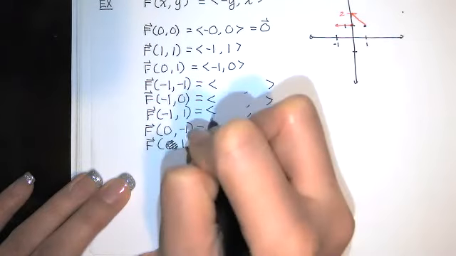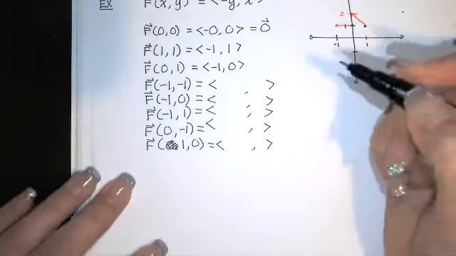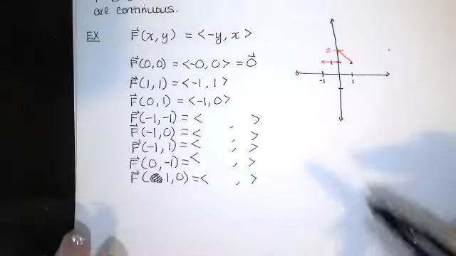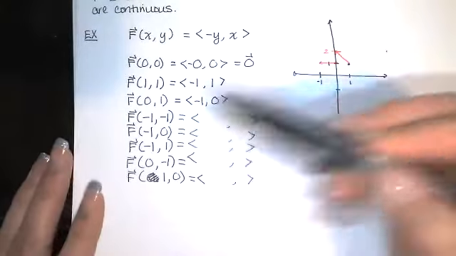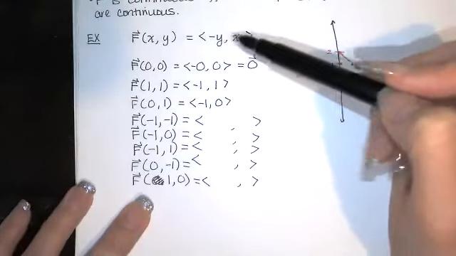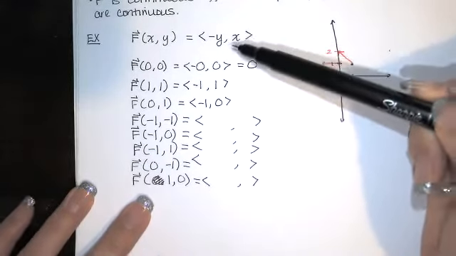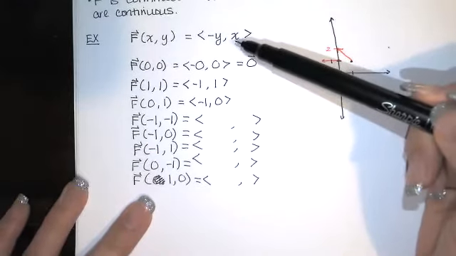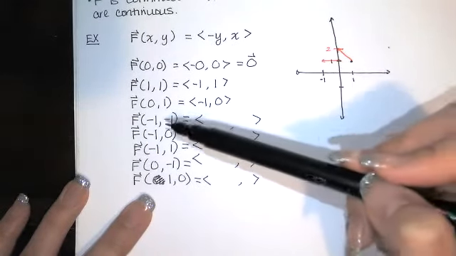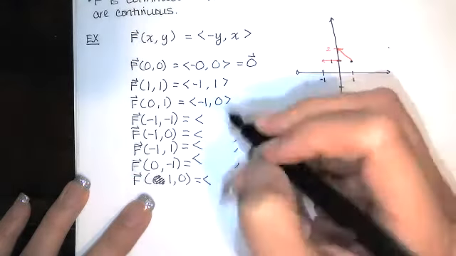Now I picked a very simple field, but I want you to see the pattern. It's not just this x and this y are the components of the vector. That's not how it works at all. These are formulas for the components of this vector. The y component always turns out to be the x value at that location. So when our x value is -1, that means the y component is going to be -1.